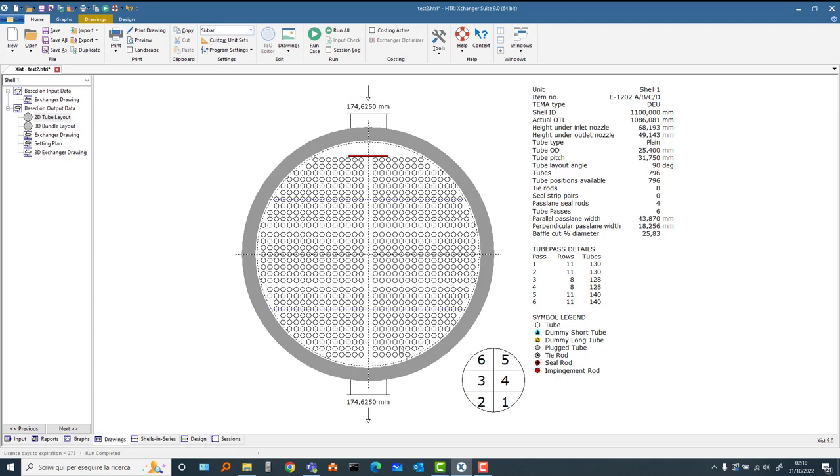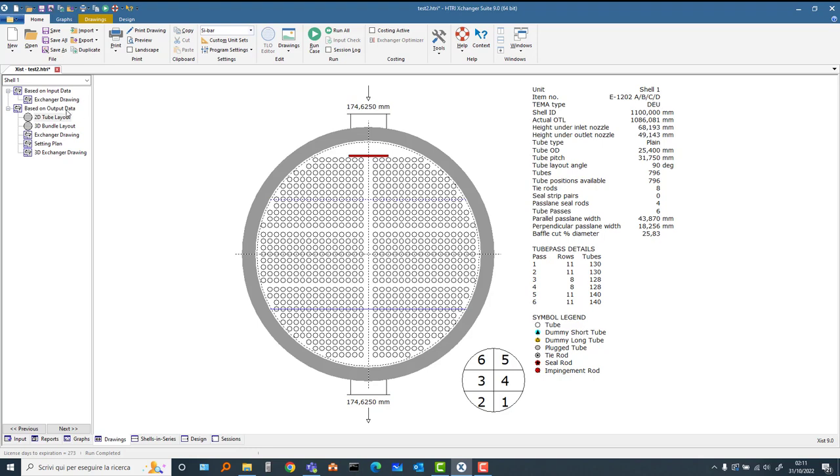But since we had not specified a symmetric layout, look at this non-symmetric tube layout, because the number of rows from this side is higher than the number of rows from this side. So it has probably added one more row in the lower part of the bundle. So this is an acceptable exchanger.